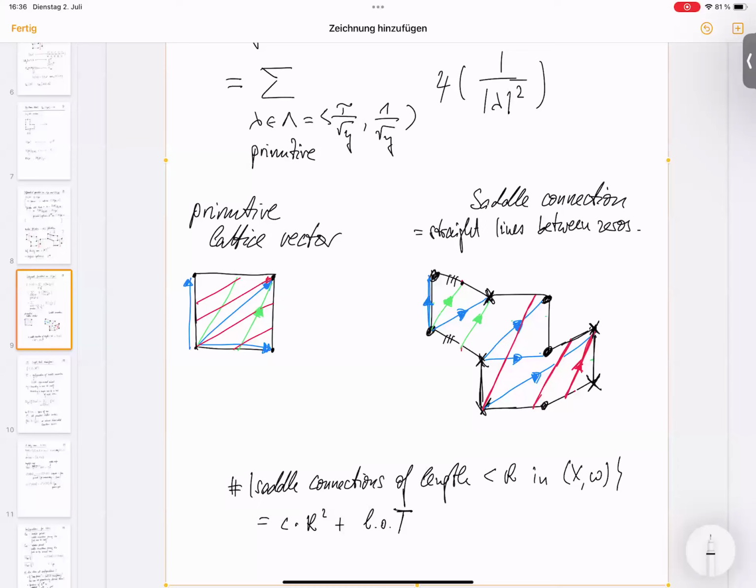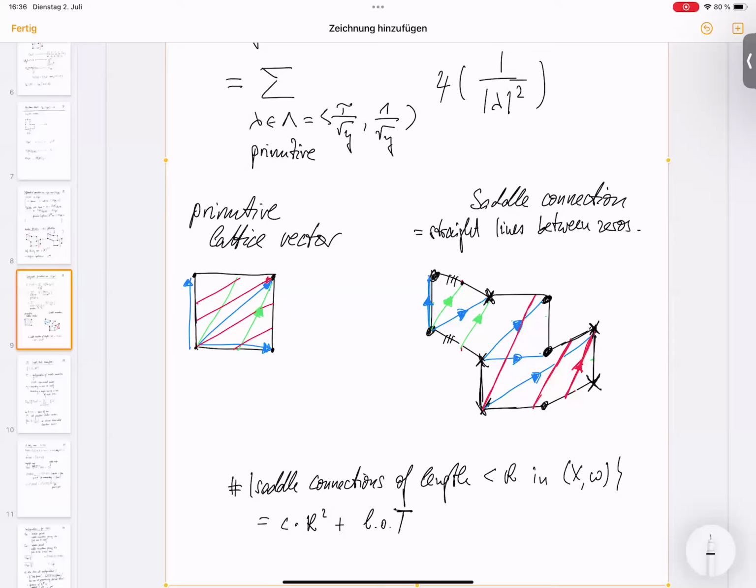It's a constant times r squared plus lower order terms. And it's actually pretty interesting to determine what the c is and how it depends, and what lower order terms actually means. It means how to give good bounds for the next term there. But I don't want to enter that.